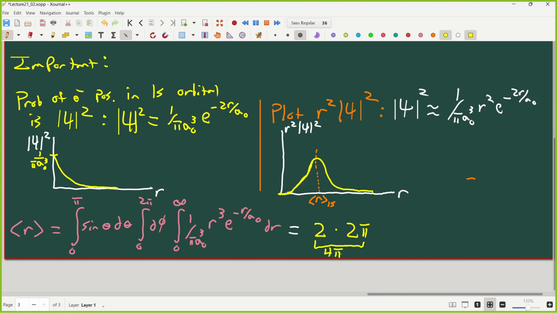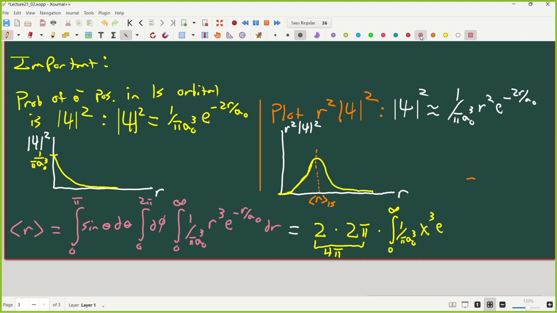And then we have this complicated integral of r, which I'm going to do a little bit of u substitution. This ends up being the integral from 0 to infinity of 1 over pi a naught cubed x cubed e to the minus 2x.